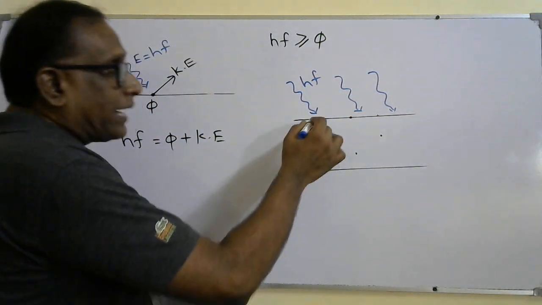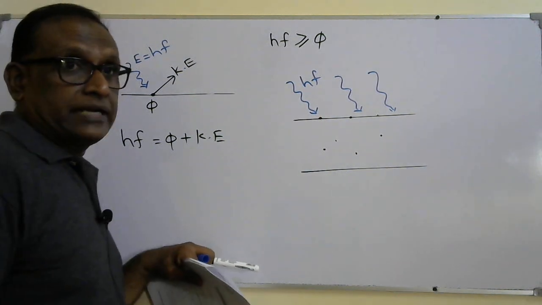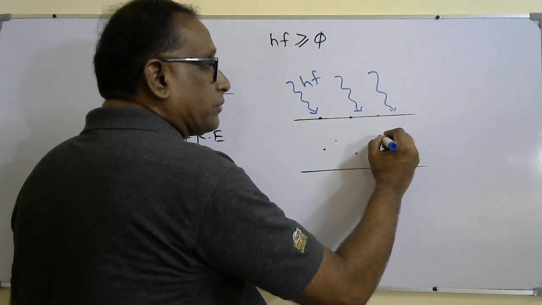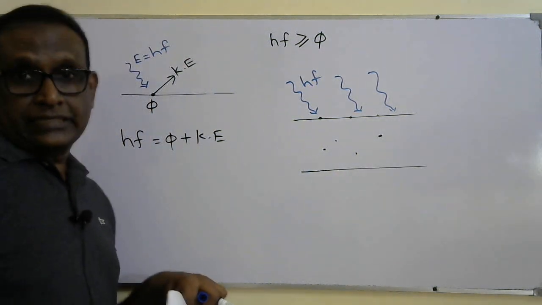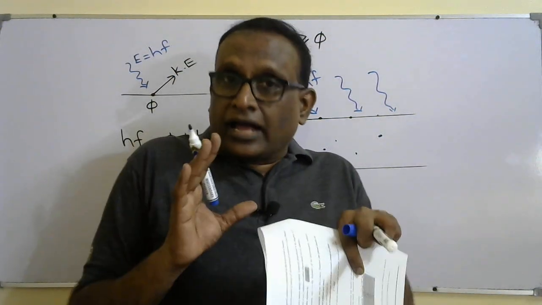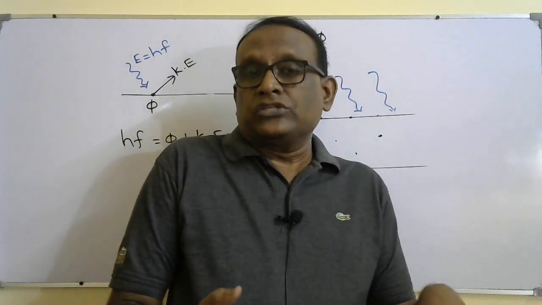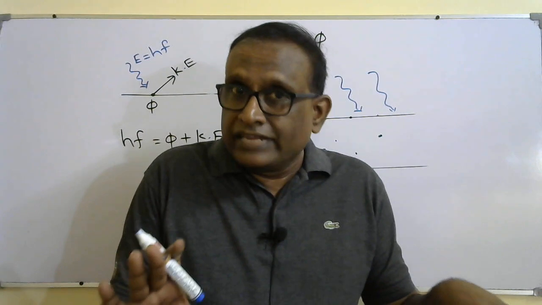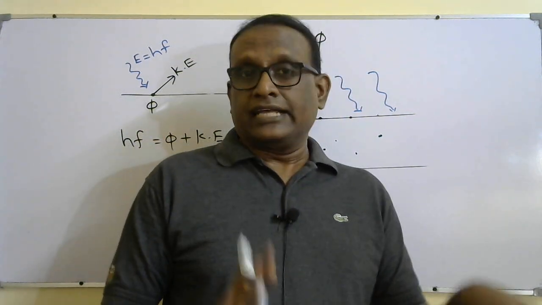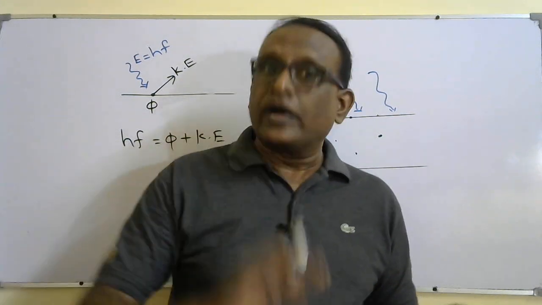Certain photons might remove electrons from the surface of the metal. Certain photons might go deeper and remove electrons from the inner part of the metal. But wherever a photon removes an electron, it will give all its energy to the electron or it won't give any energy. That principle will be followed anywhere, whether it's removing an electron from the surface or the inner part.